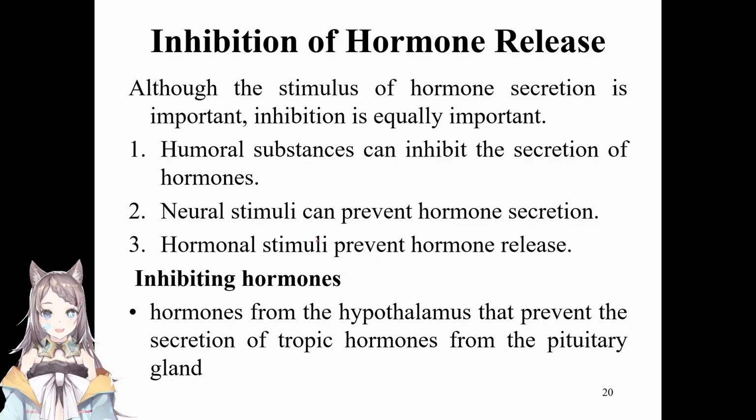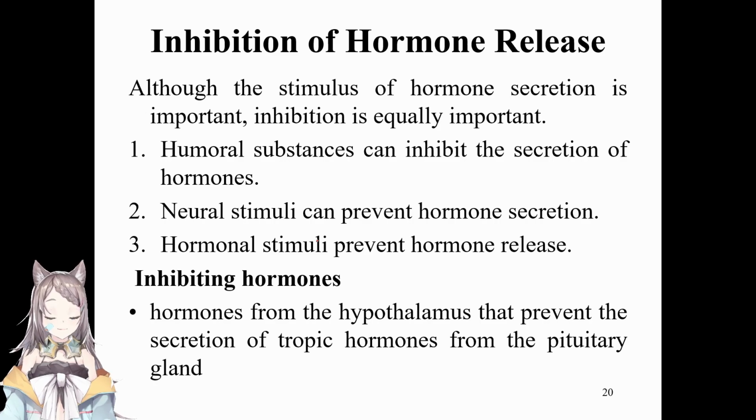So how is the inhibition of hormone release performed? Obviously, we cannot continuously secrete hormones, since anything that is excessive will have a detrimental effect. So although the stimulus of the hormone secretion is important, inhibition is equally important. Humoral substances can inhibit the secretion of hormones, an example being our blood glucose.